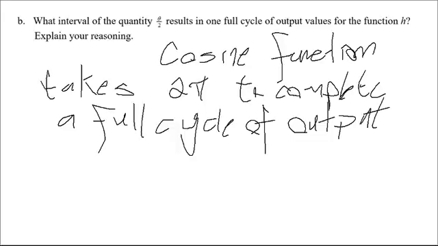Now, the argument to our function, the argument to h, which is a cosine function, is theta over 2.